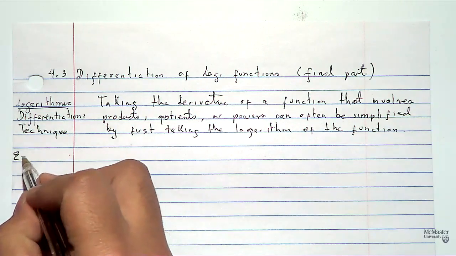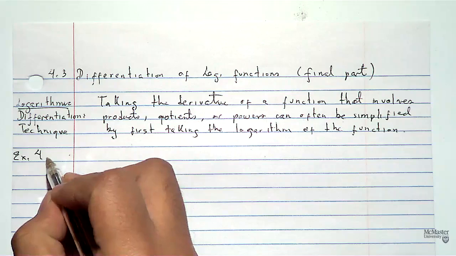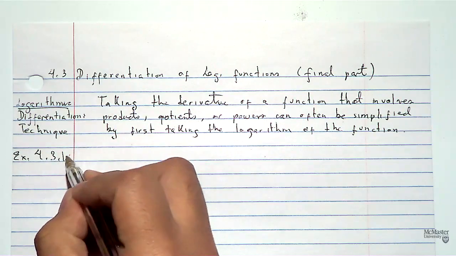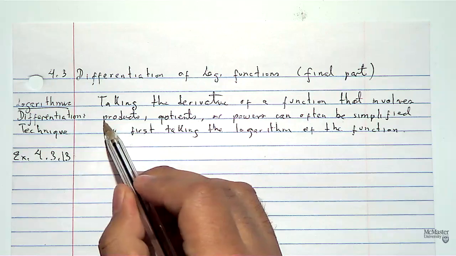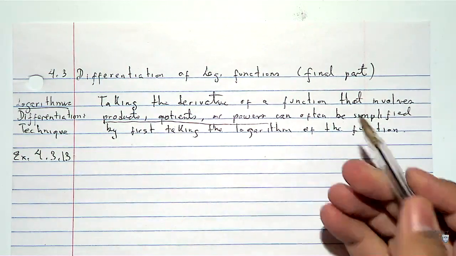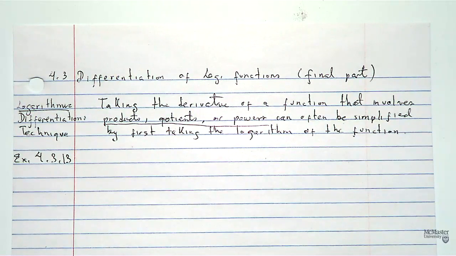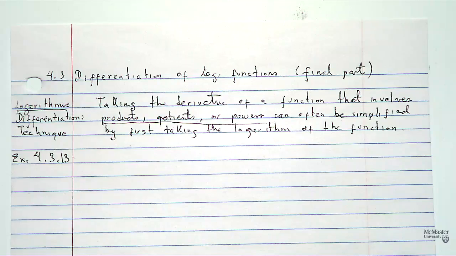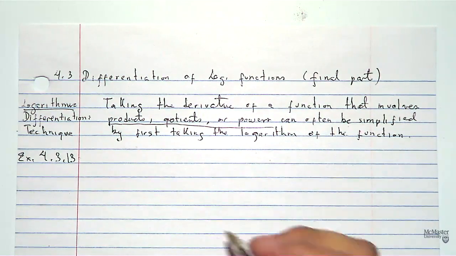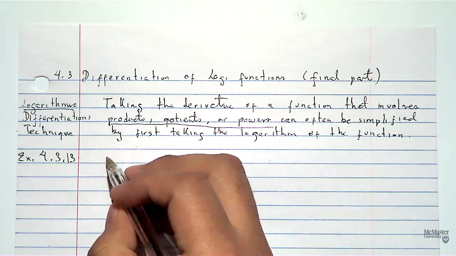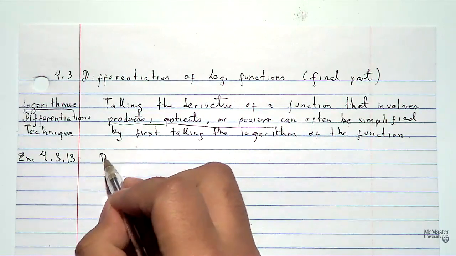So I think it's better to just make an example so you understand why we're doing this. It's essentially, look, for products, quotients, or powers, you have log rules which simplify. The log of a product is the sum of the logs, etc. And you make your life easier by just converting to the log and getting simpler operations.